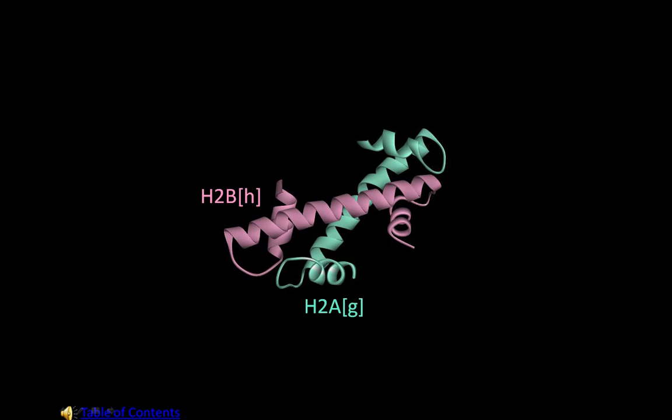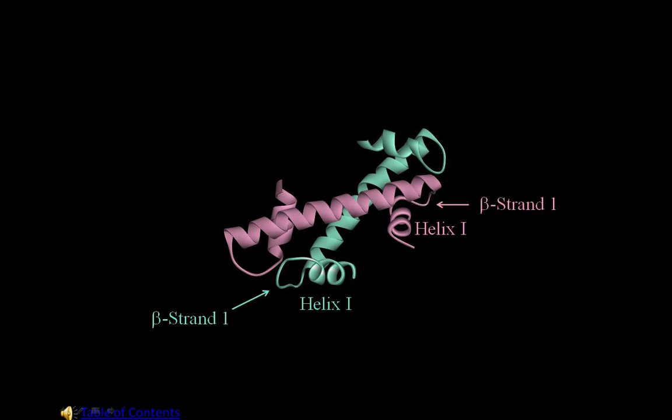We've seen this H2A, H2B dimer before, but we need to review the anatomy, at least that portion of the anatomy which is involved in DNA binding. Our DNA binding motif starts with helix 1, proceeds to beta strand 1, then to beta strand 2. Note we have not put labels on the long helix 2 helices or on their C-terminal neighbors, helix 3.